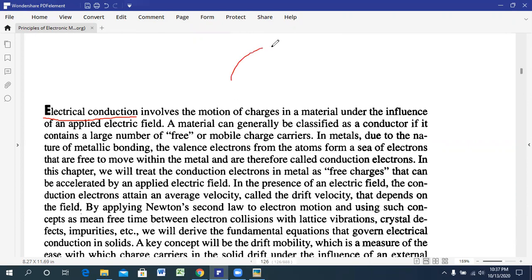So that means if we have an electric field like this, and if we have some electrons or charges there, then when we apply the electric field, these electrons will experience a force, and sometimes we call these conduction electrons.